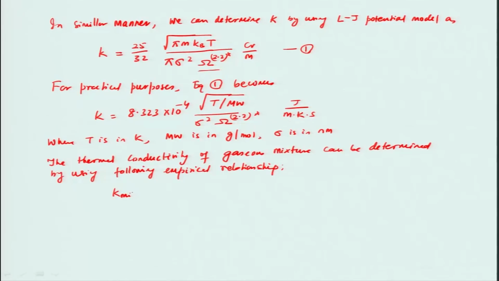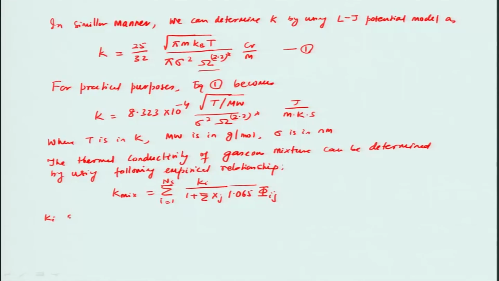K mixture is the sum over i equal to 1 to Ns, where Ns is the number of species, of K i divided by 1 plus the sum over j of x j times 1.065 phi ij.